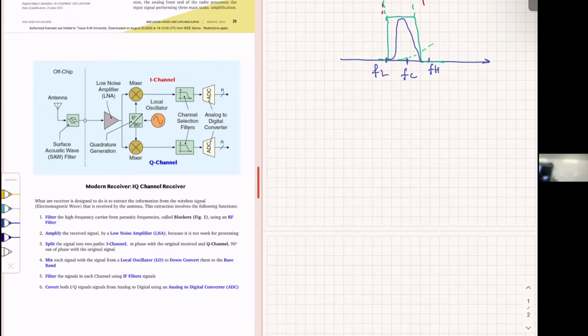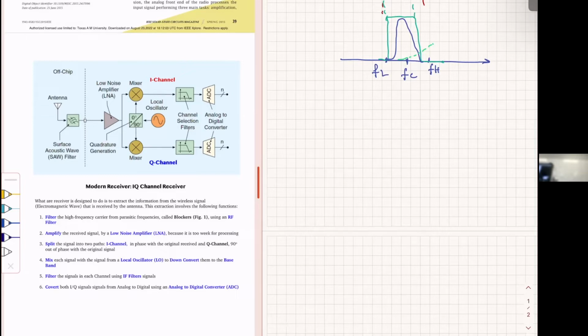Then in the mixer, we mix the local oscillator frequency with this, and we create a signal that we call the Q signal because it's quadrature from the original. And the original signal, half of it goes to this mixer, in phase, that's why we have the I, in phase, and is mixed with the same local oscillator frequency.